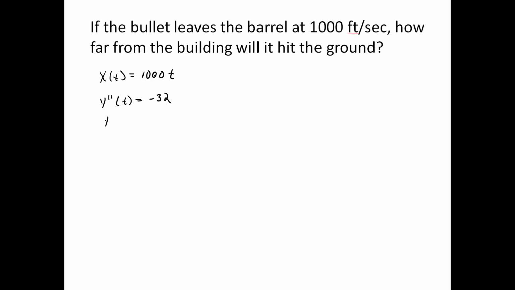We can integrate that to find the velocity, and that will give us negative 32t. I'm sorry, y prime of t is negative 32t plus c, but because it was dropped, c is 0.